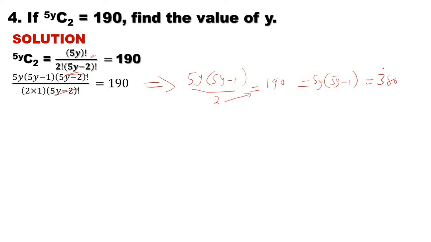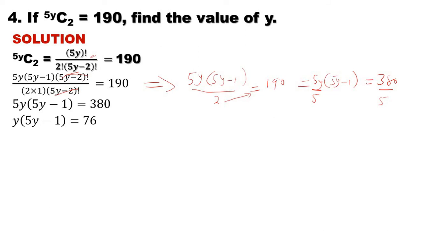380. With that now, let's divide by 5. Divide this by 5 and also divide this by 5. That gives us y(5y minus 1) to be 76.